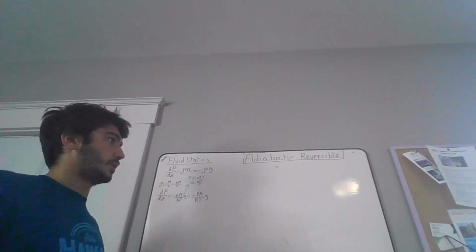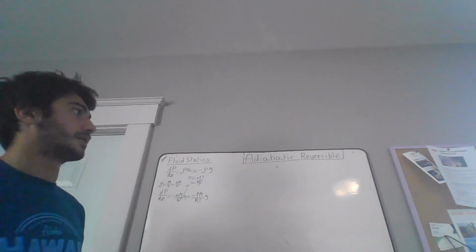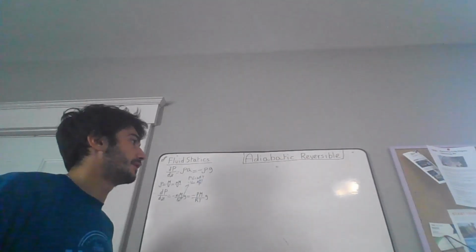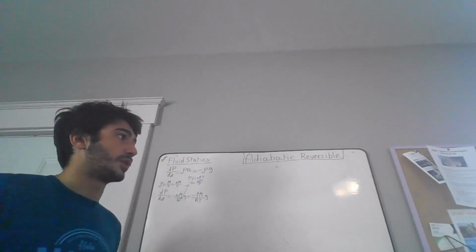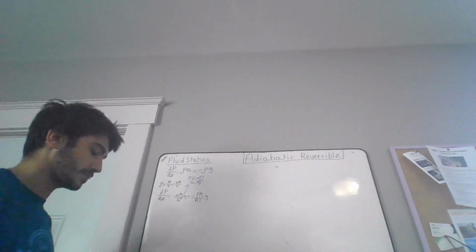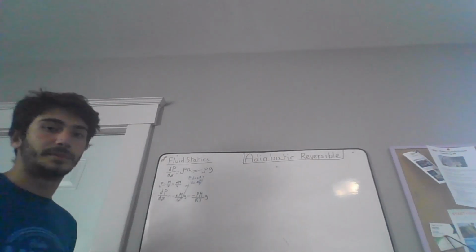So next, we know that this is an adiabatic reversible expansion, and thanks to that we can use the first law of thermodynamics to our advantage to get our expressions. So what does the first law of thermodynamics state?